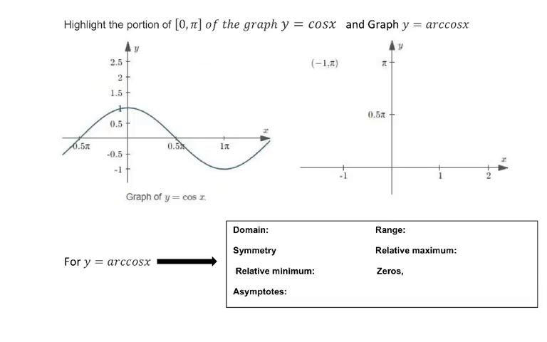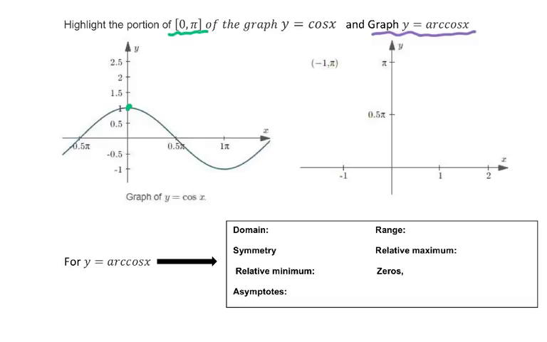Let's go to the cosine function. Still, you need to restrict the domain of the cosine function to make it a one-to-one function so that we can get the inverse function of cosine of x. The domain will be restricted to 0 to pi.